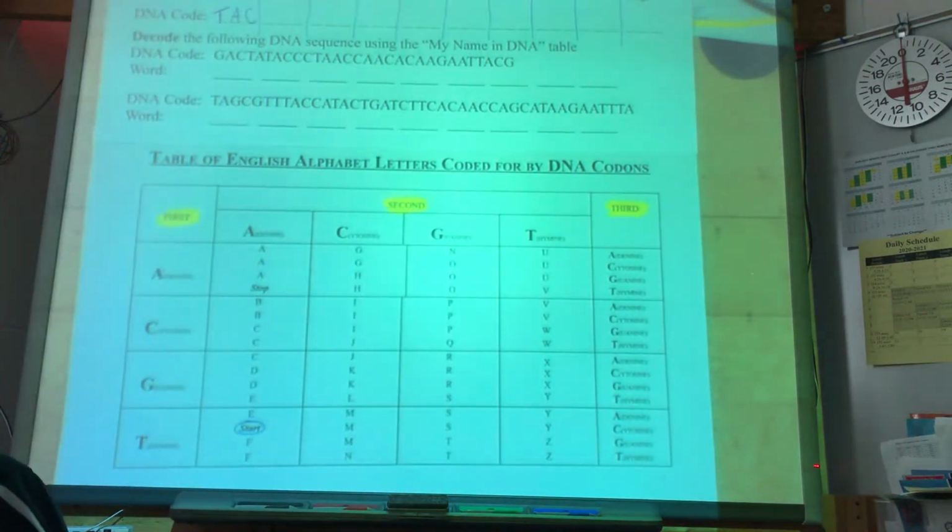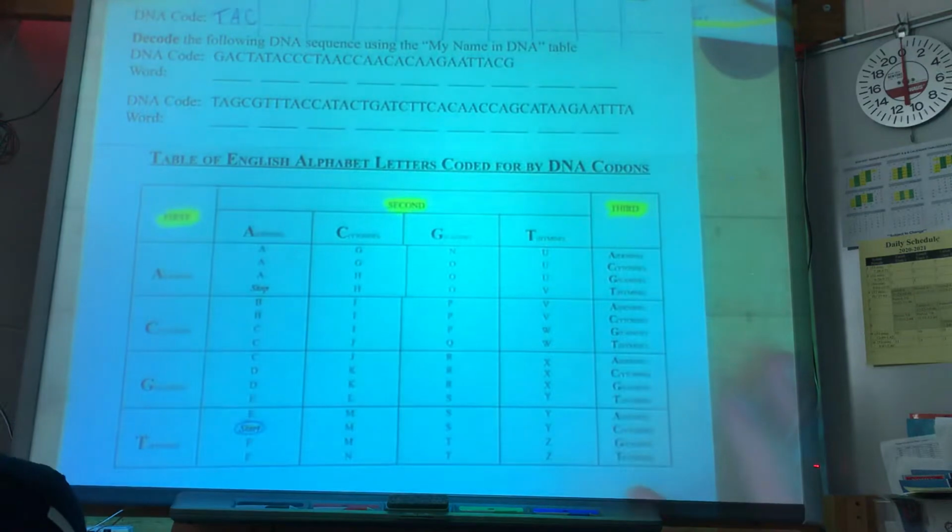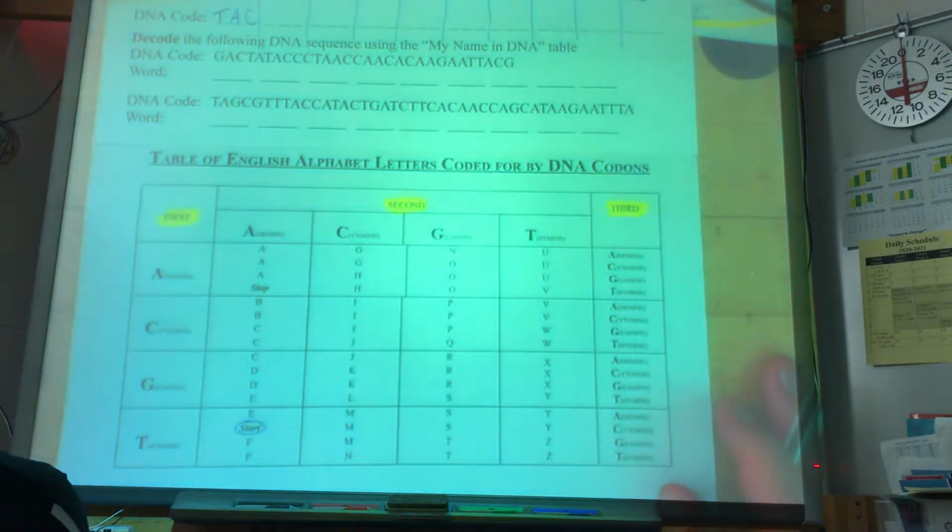Now, a good strategy. Notice how Mr. DeBoer drew vertical lines separating the S and the T, because each letter is coded for by 3 base pairs. Right below that S, there are 3 little blanks, and that's for 3 base pairs, A's, T's, C's. So we need an S. You've got to look in our table and find S's.